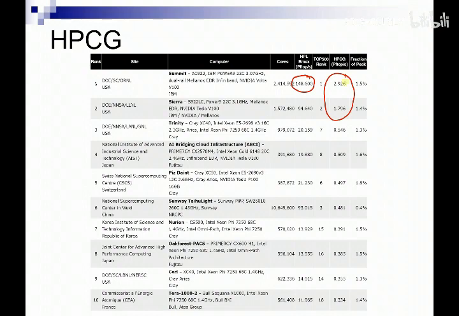But once you move to sparse matrix operations, it's only getting about 3 petaflops. So that's only about 1.5% of its performance for HPL. This shows that doing these sparse matrix operations is much harder than doing dense matrix operations, because you get a sort of 50-fold drop in performance.